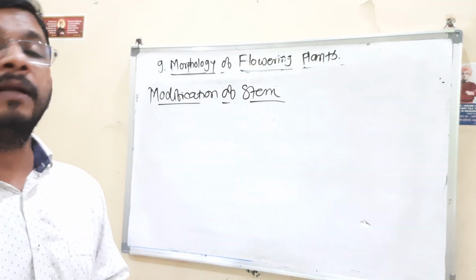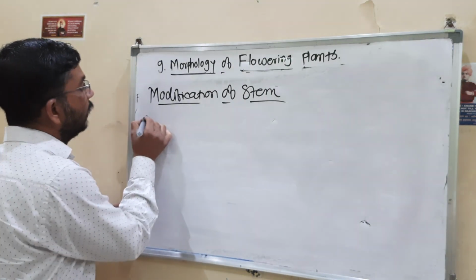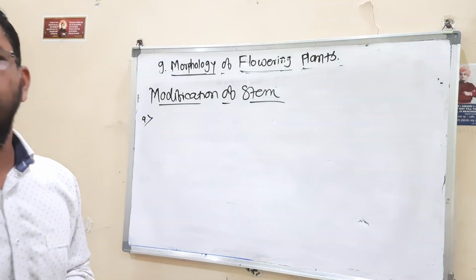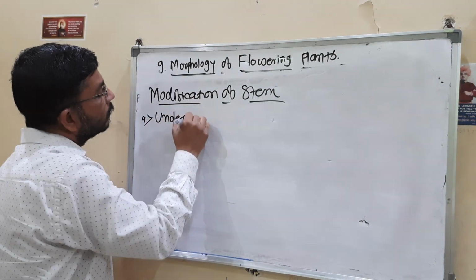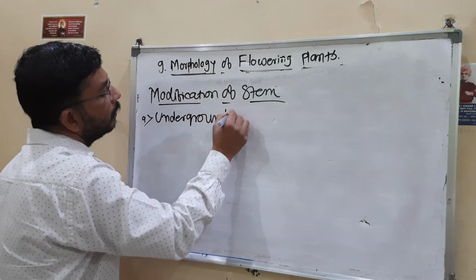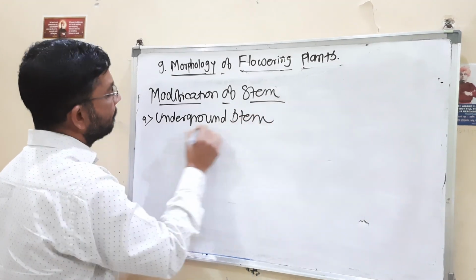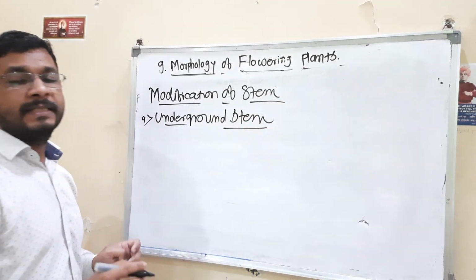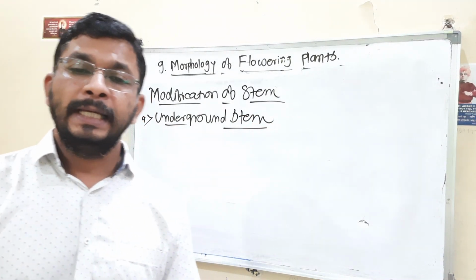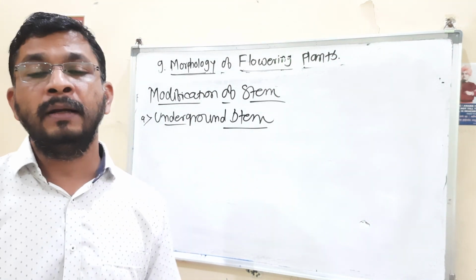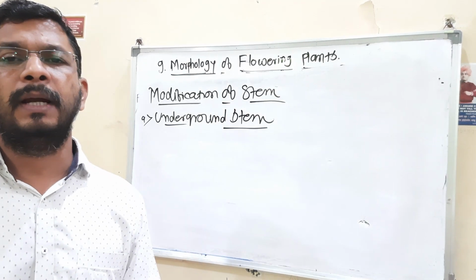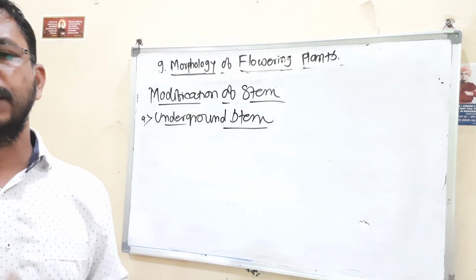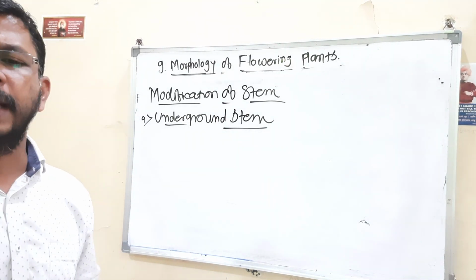First is the underground stem. In some herbaceous plants, the stem develops below the soil surface, called the underground stem.